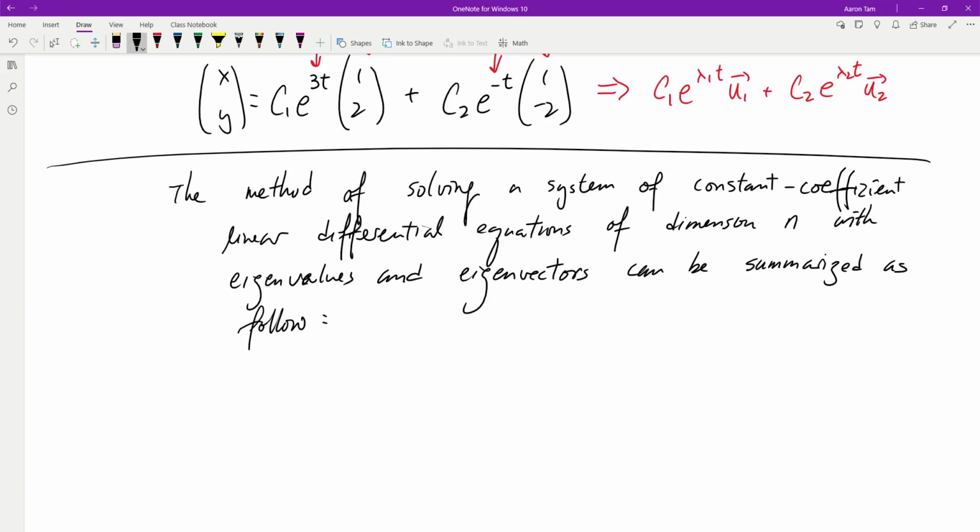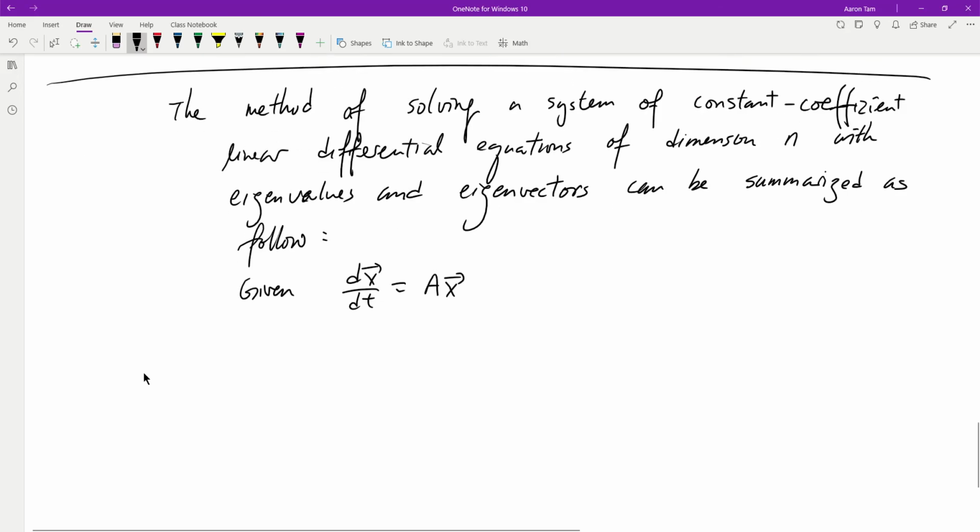So first, we're going to have to find the eigenvalue. Oh wait, actually, let's start with the following. Let's say we're given d vector x over dt equal to A vector x. So that's our system of constant coefficient linear differential equations of dimension n.